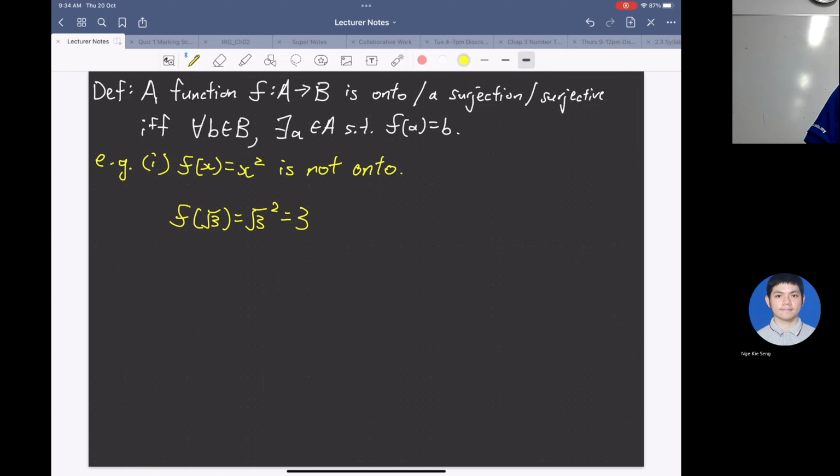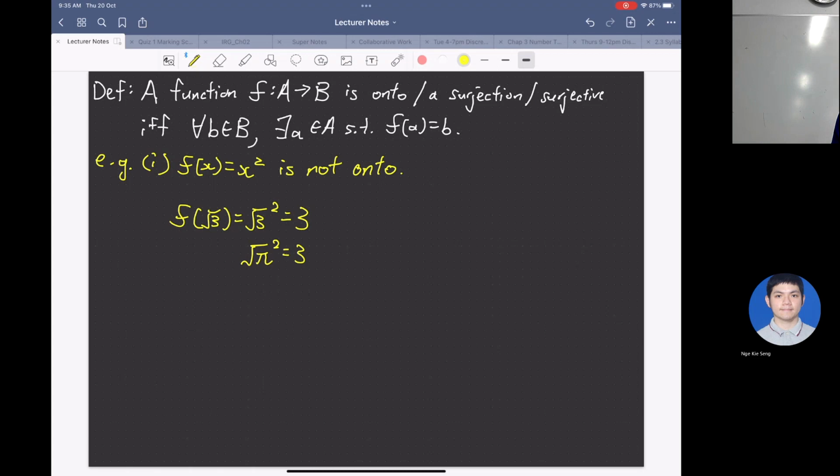But the idea is you need to find one number that doesn't have a square root in the reals. Pi? Pi, you can take square root of pi. Irrational. We have some negative number, and we cannot get the pre-image in the real numbers. Because x squared is always positive, so you can't reach negative.